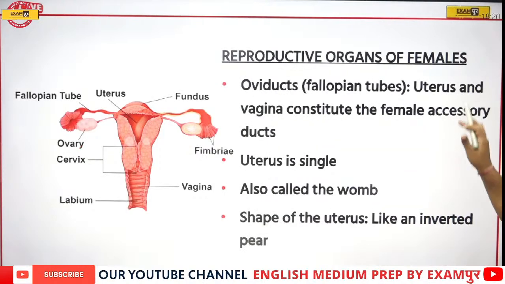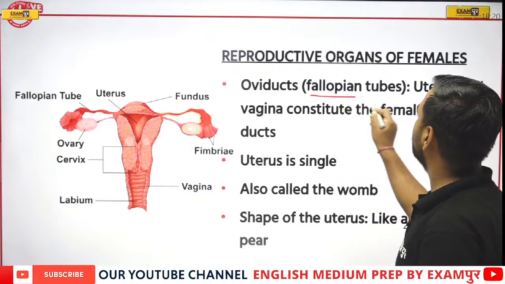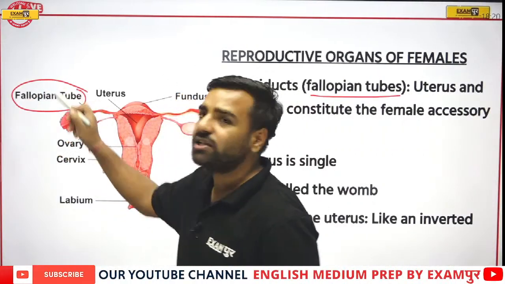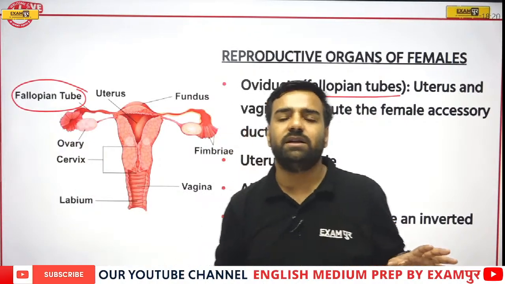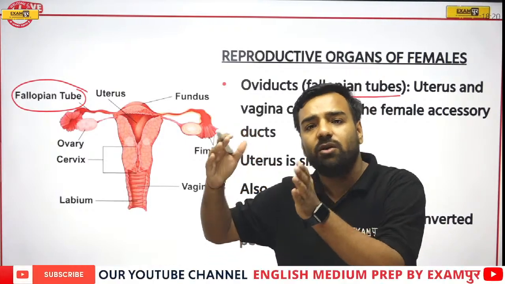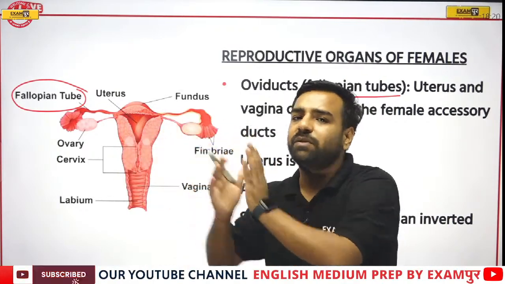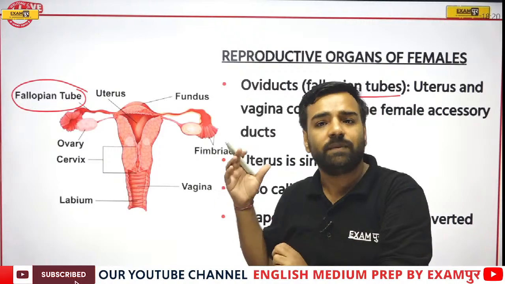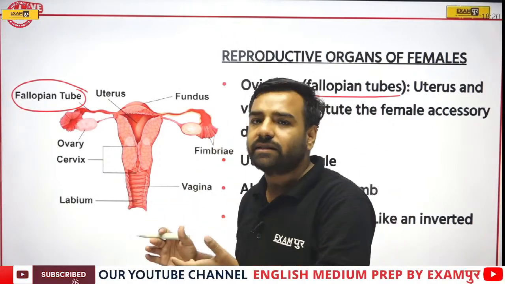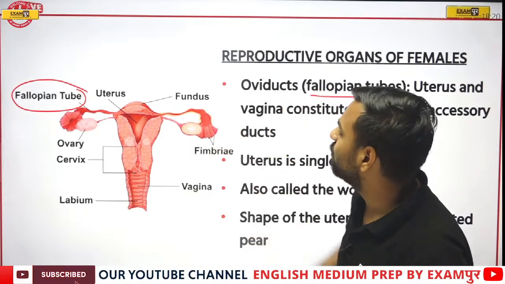Now, if I talk about this oviduct or fallopian tube, what is it? This fallopian tube is the location where fertilization takes place. Which fertilization? The combination of the egg cell and the sperm cell. The egg cell is released by the ovaries, and sperm cells are released by the testes. Their combination takes place at the fallopian tube.